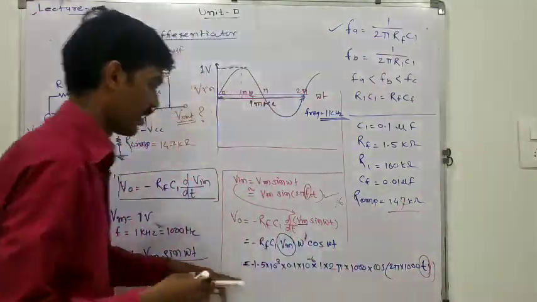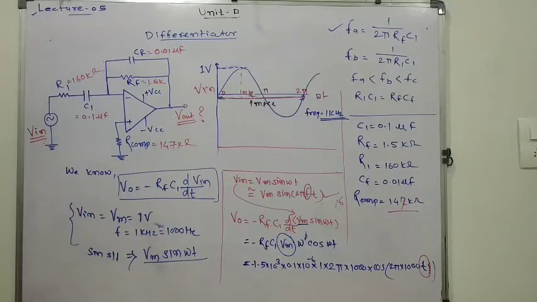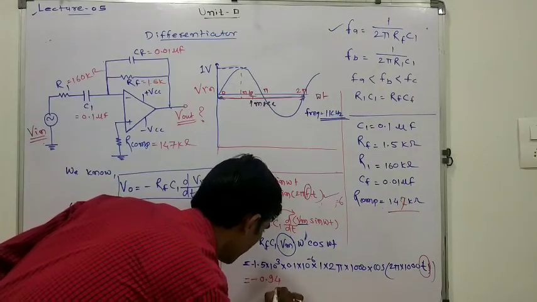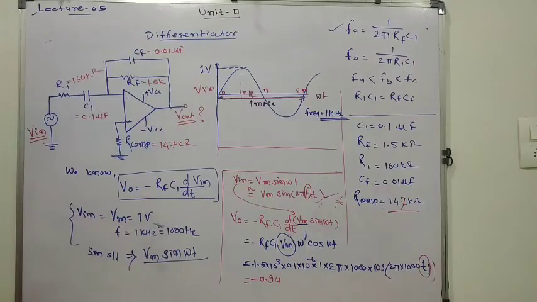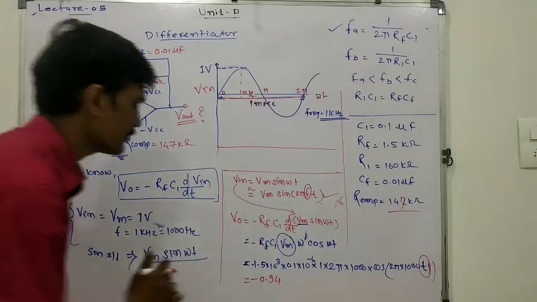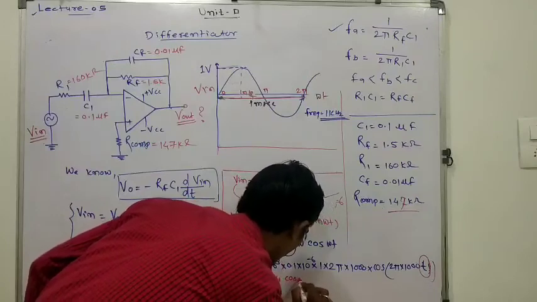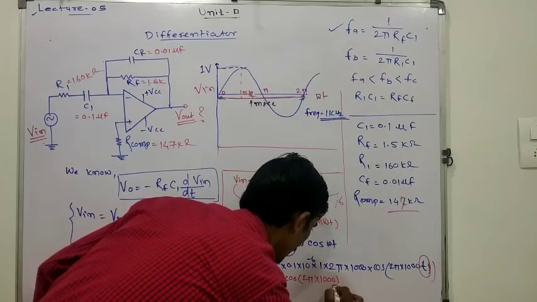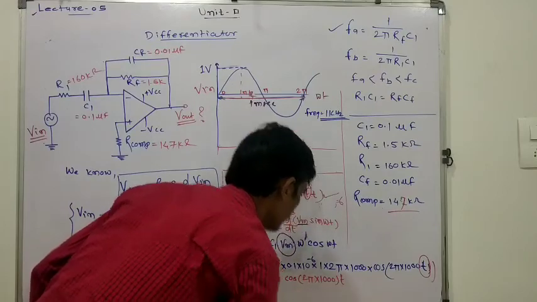After calculating this, we get a formula like this: minus 0.94 cos 2 pi into 1000 t.